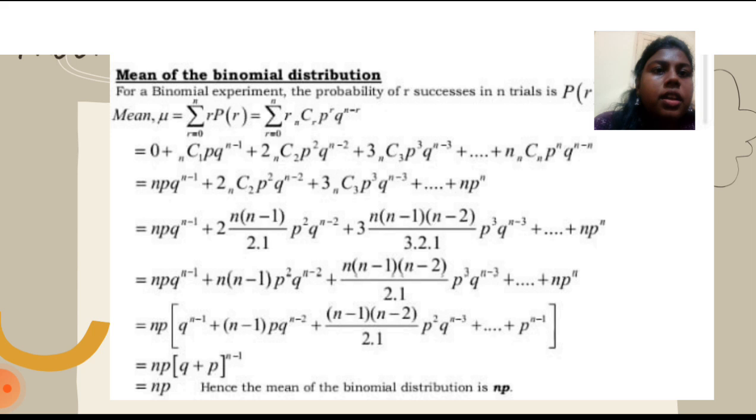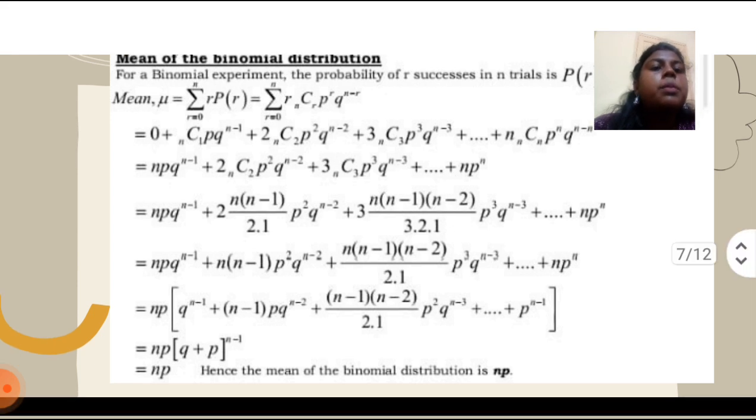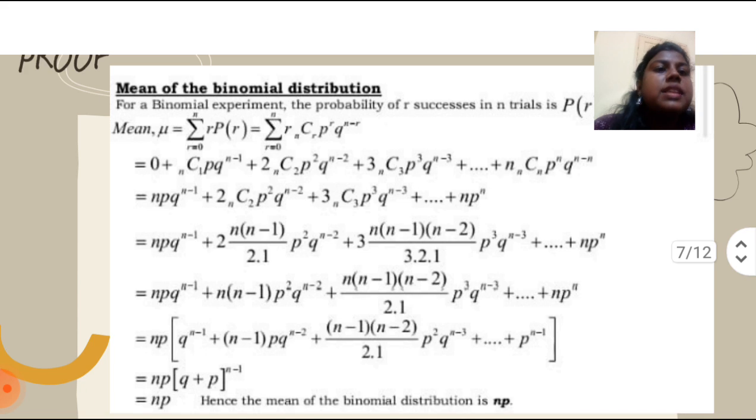Here we substitute r equal to 0, so the first term becomes 0, and the next terms are nC1 p q^(n-1) plus 2 nC2 p^2 q^(n-2) and plus 3 nC3 p^3 q^(n-3), and going on plus n nCn p^n q^(n-n).